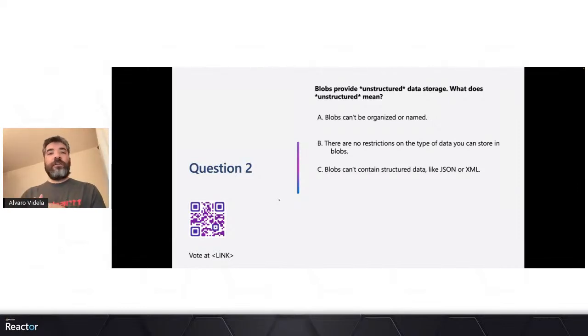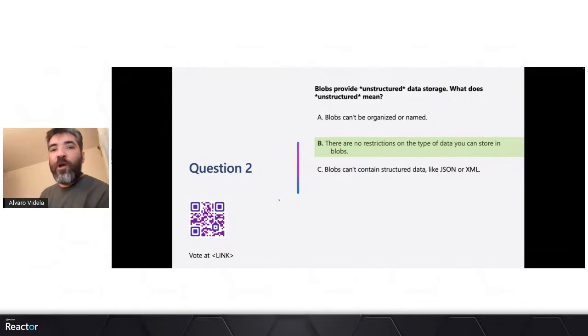Unstructured in unstructured data storage means that blobs can't be organized or named, that there are no restrictions on the type of data that you can store in blobs, or that blobs can contain structured data like JSON or XML. And the correct answer is B. For sure, they can be organized and named, which are the virtual directories. And for a blob, if data is JSON, XML, an image, or any random thing that you get in a file, they can all be stored in blobs.